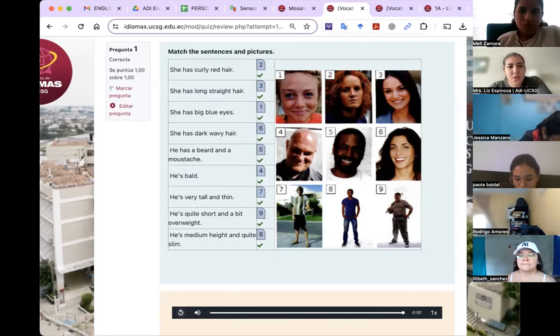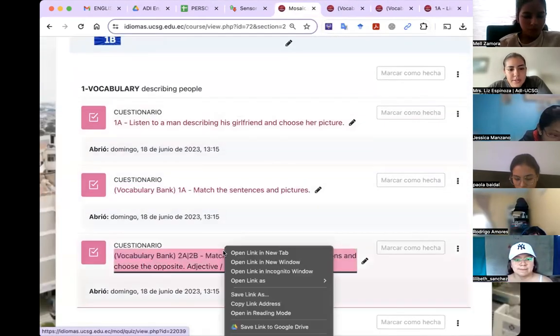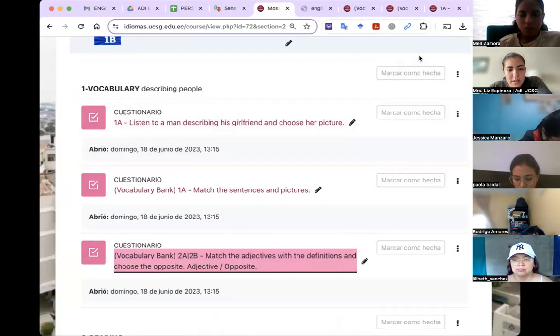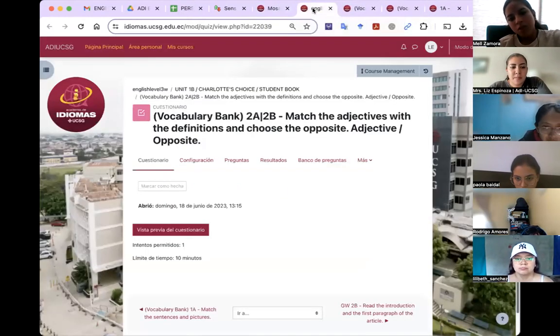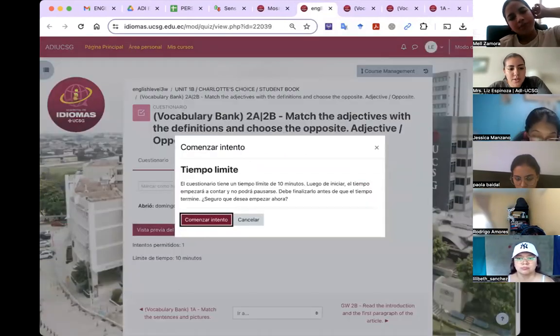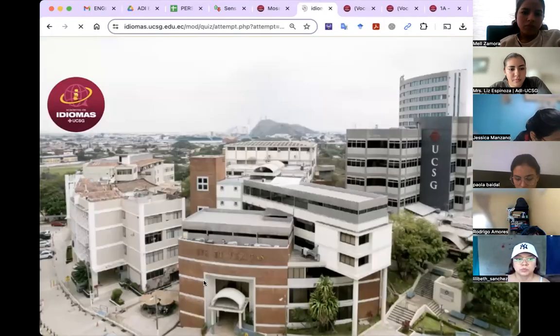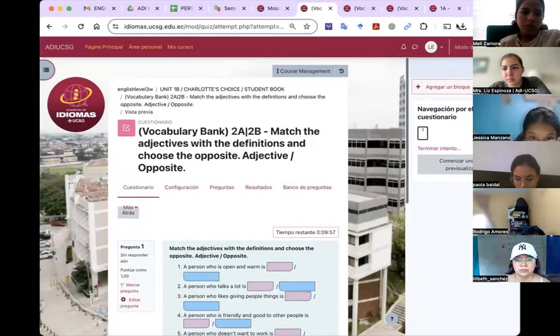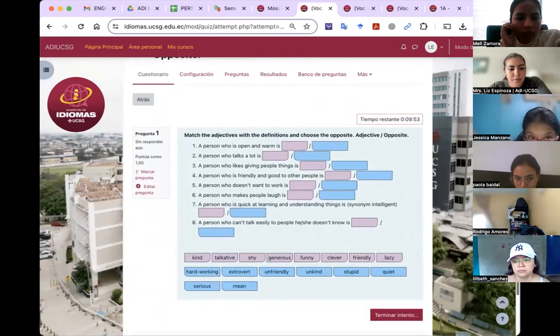Okay. So let's move on to the next vocabulary activity. It says match the adjectives with the definitions and choose the opposite. Okay, 10 minutes. So you have to do 2 things here.